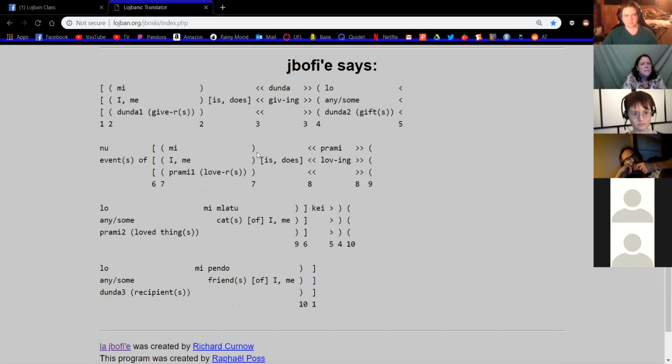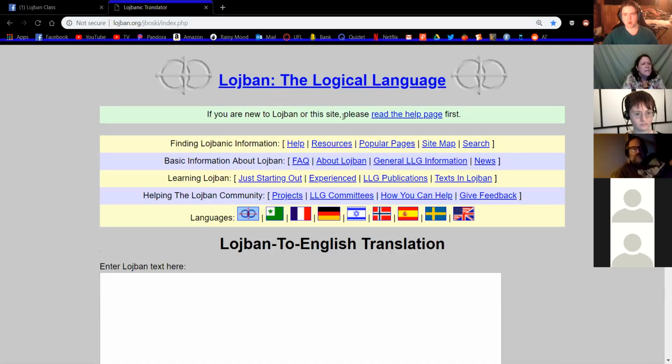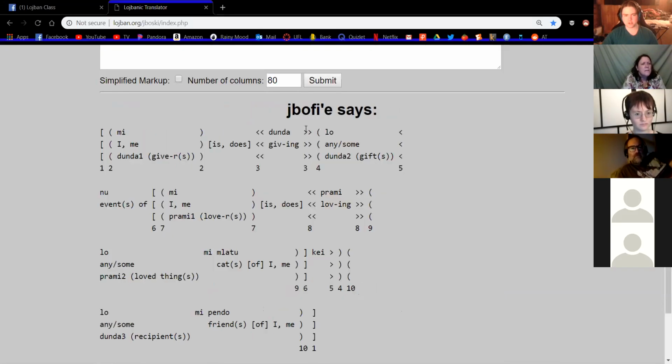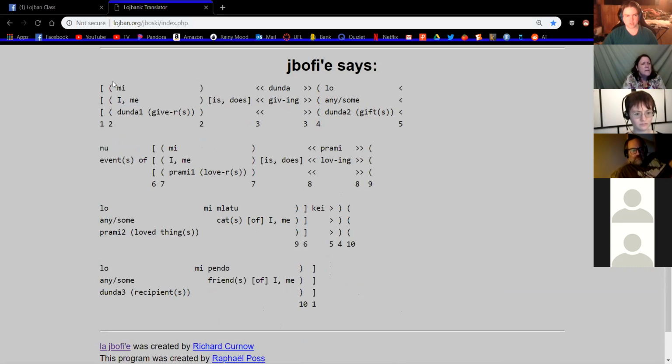Okay, so this is what I've entered here. This is the sentence, in Zbasu. So this is a parser. It shows you the internal structure of it. And so you've got mi, the dunda, the giver. So this is dunda x1. You've got dunda, the giving.